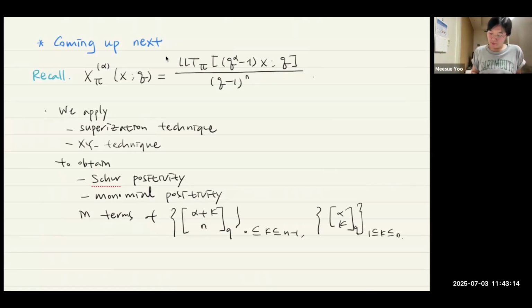And along the way, you're going to also see some relations to the root theory. And those are the things that you're going to see in the next two lectures.